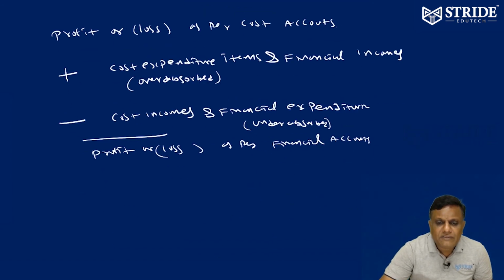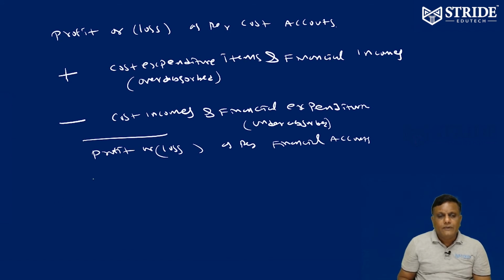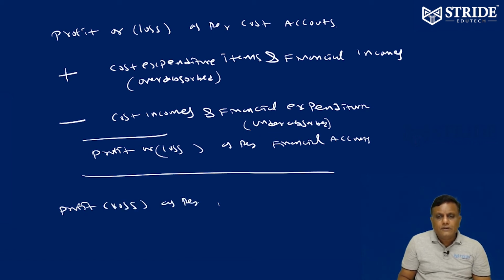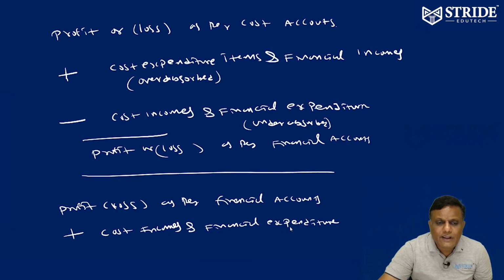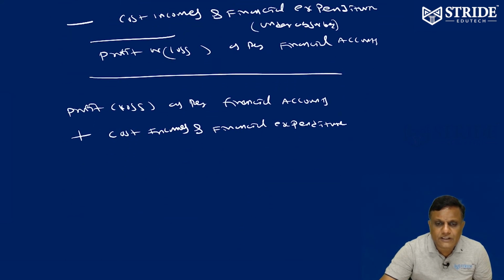Suppose profit or loss as per financial accounts is given, you can apply it in reverse. But what was subtracted earlier? Now it should be added, which means cost incomes and financial expenditure are to be added, because the starting point is profit or loss as per financial accounts.